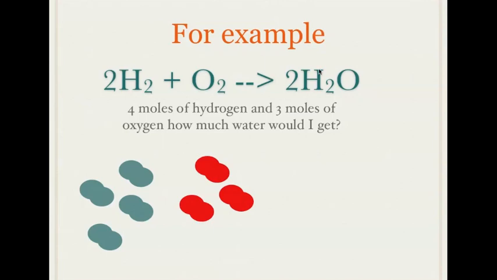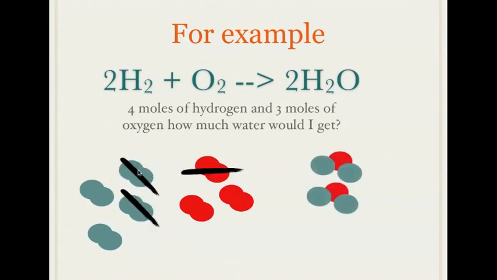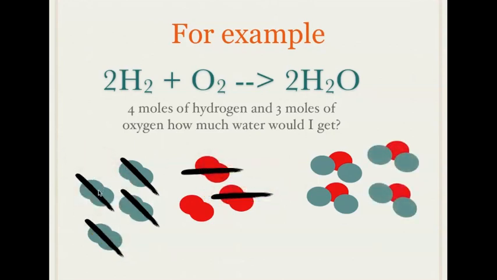Our ratio here says we're going to have 2 of these hydrogens reacting with one of these, and that's going to produce 2 waters. So let's do that now. So we'll burn off 2 of these hydrogens and 1 of these oxygens, and we make 2 waters. Next up, we've still got 2 hydrogens here, and we've still got another oxygen, so let's burn those off. And we make 4 waters, and now we've run out of hydrogen, so there's no more hydrogen that can be used.